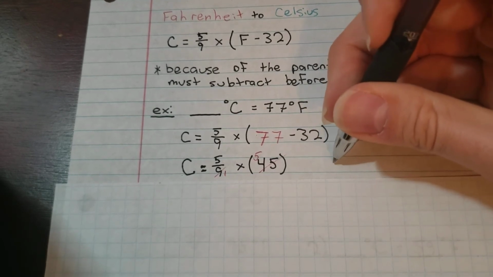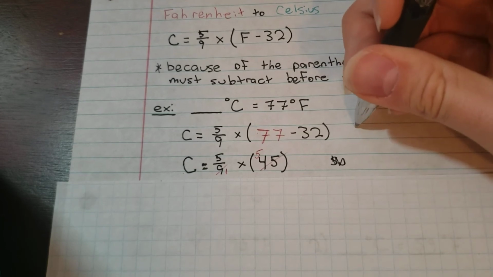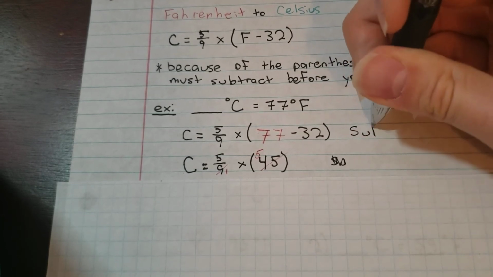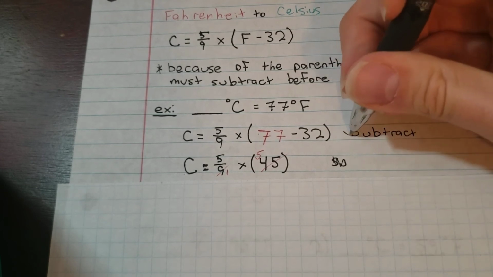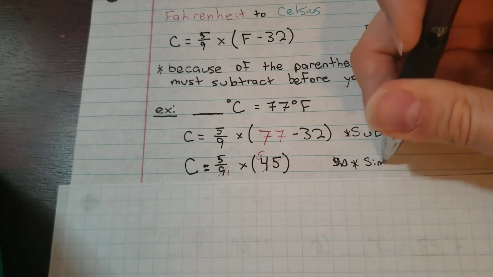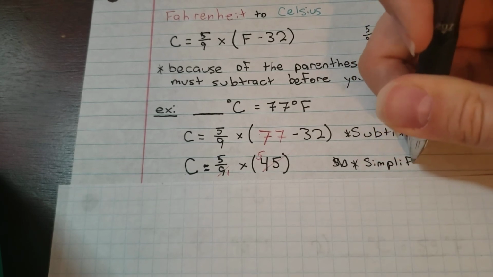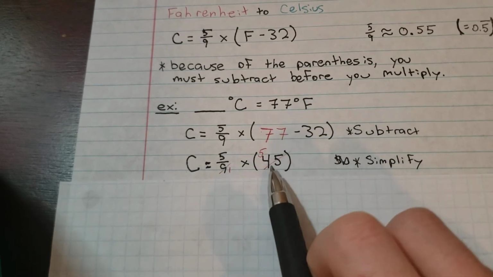So subtract. Oh, I'm sorry. Subtract. Here's where I simplify. Again, I've got 45, so 77 minus 32 equals 45.